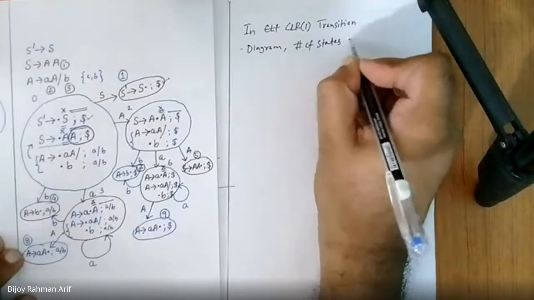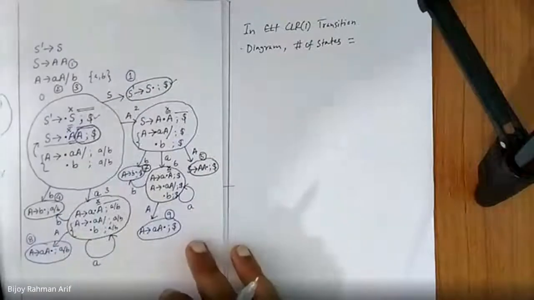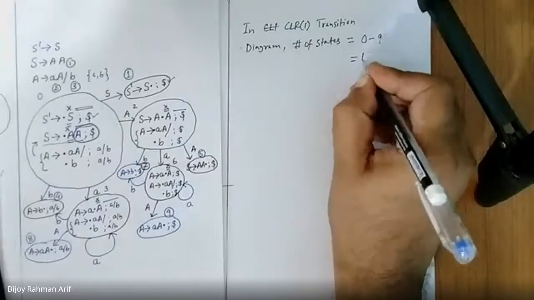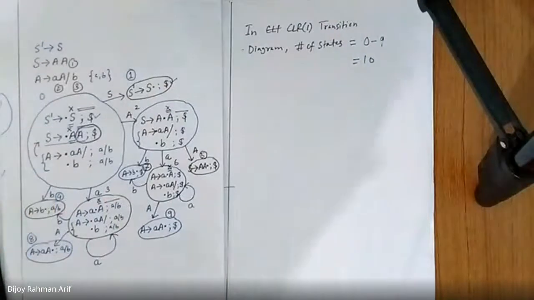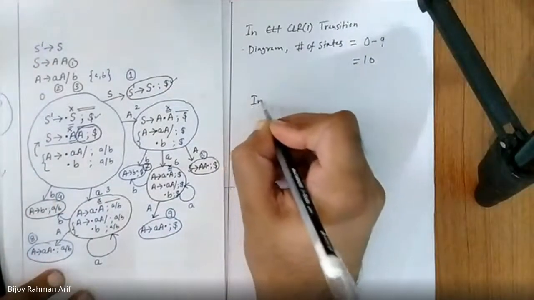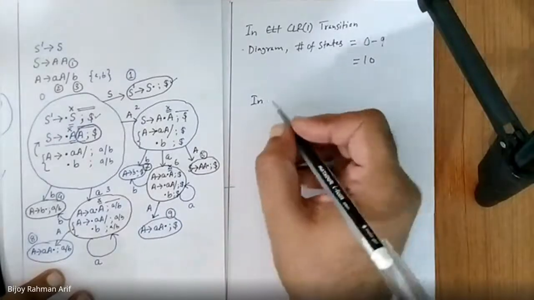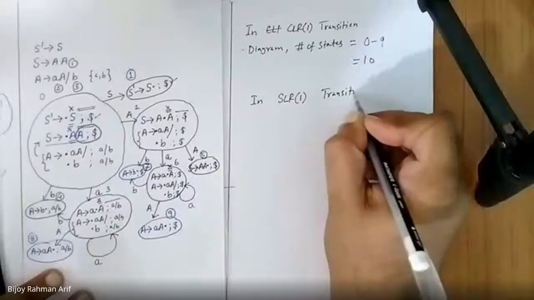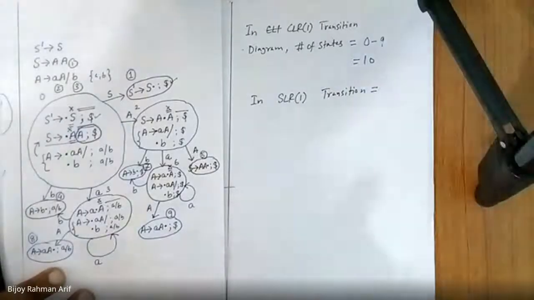How many states are there in this diagram? 9. Actually 10, 0 to 9. This example I have done for SLR1 as well. So how many states are there in SLR1? 7 maybe, sir. It is actually very simple. You are going to find out.